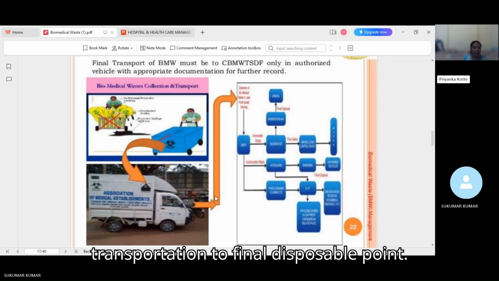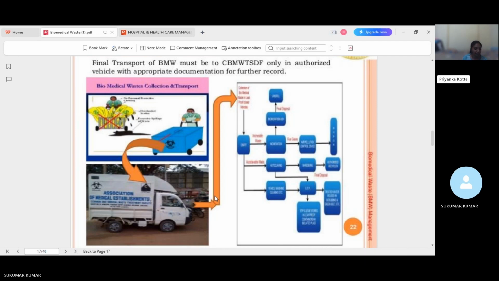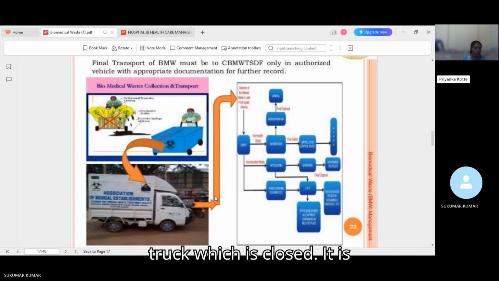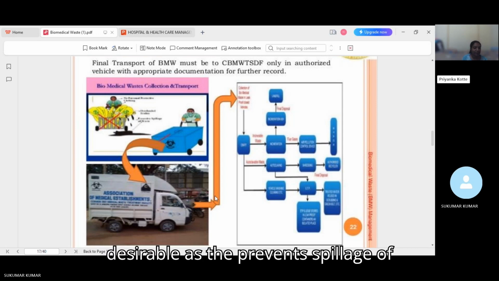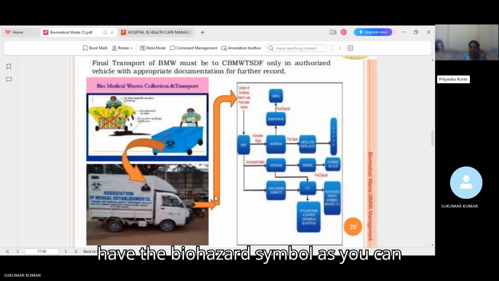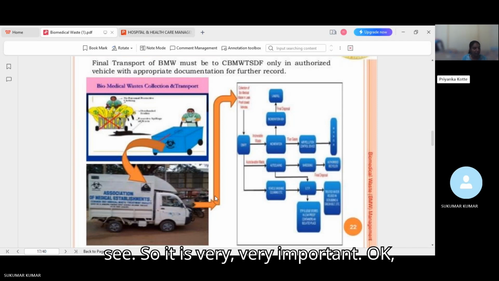So this is transportation to the final disposal point. Transportation from the healthcare establishment to the final disposal should be in a closed motor vehicle. You can see the truck is closed. It is desirable to prevent spillage of waste on the way. Vehicles used for transportation of biomedical waste must have the biohazard symbol, as you can see. So it is very, very important.